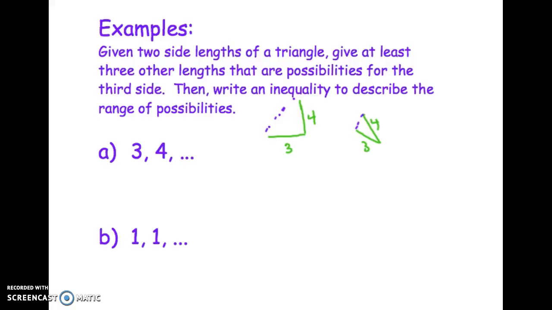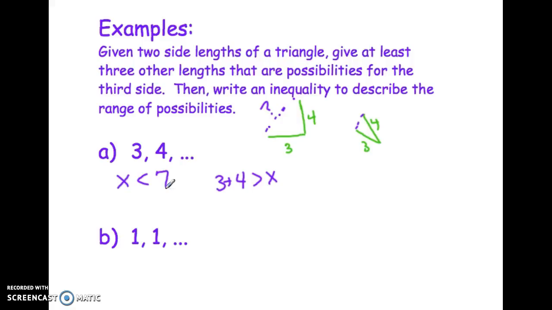If 3 and 4 are the short two sides, then I know that 3 plus 4 has to be greater than, I'll call it x, because otherwise it's not going to meet. So this helps me to know that x has to be less than 7.